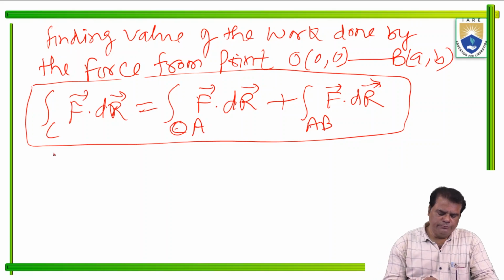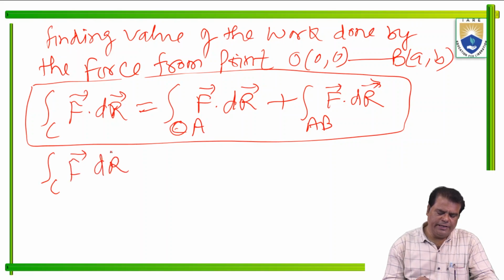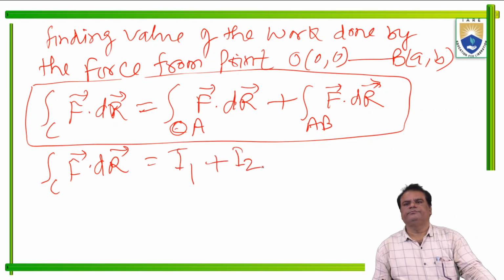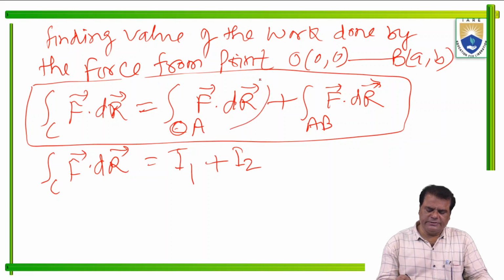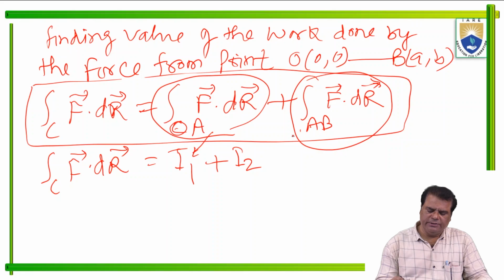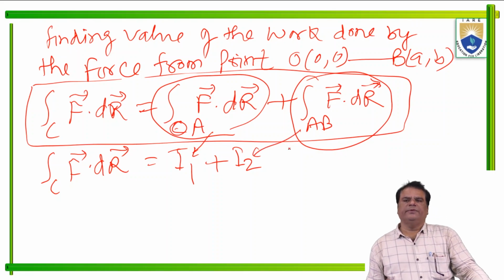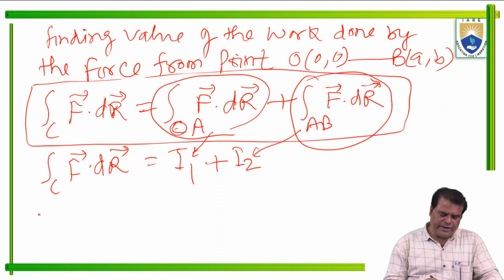So now the integration over C of F dot dr equals I1 plus I2. I1 is the first integral and I2 is the second integral. Now find the value of I1.